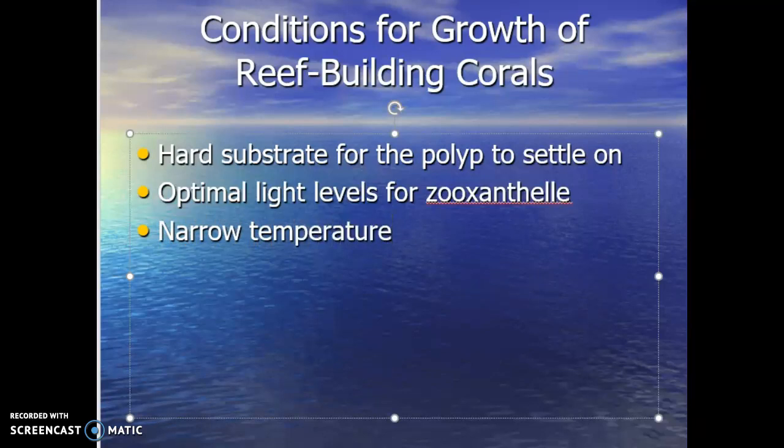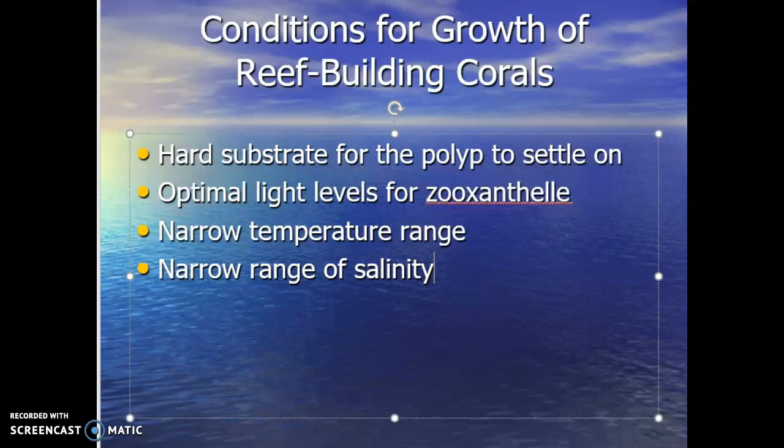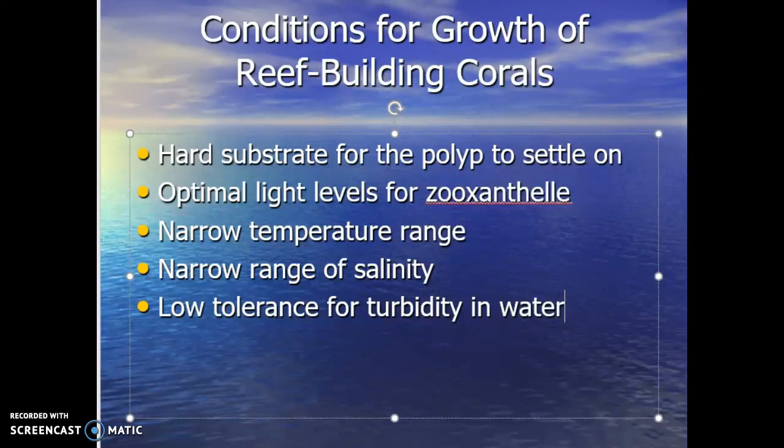Corals have this narrow range of temperatures. They have a narrow range of salinity. They have a very low tolerance for what we call turbidity in the water. Turbidity or sediment.